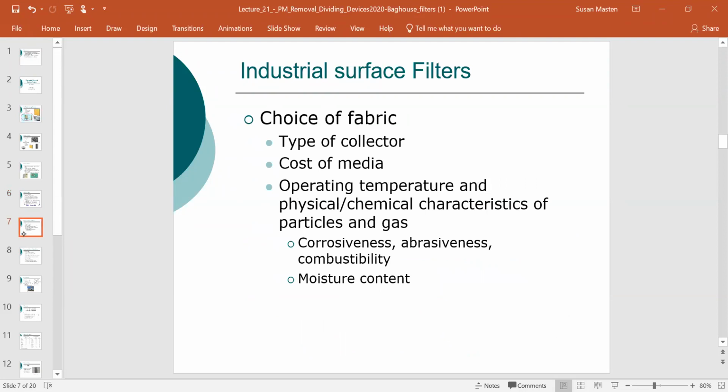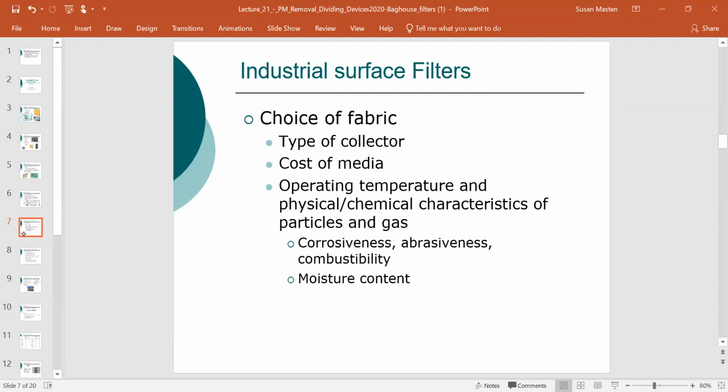Now, how do we pick the type of material? Well, one, it's going to depend on the type of collector. So versus a HEPA filter for a home, you're typically looking at fiberglass. For an industrial environment with a baghouse filter, which is the type of unit that we're often talking about, it really depends on the type of baghouse filter.